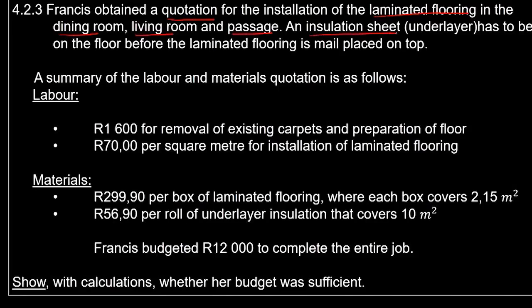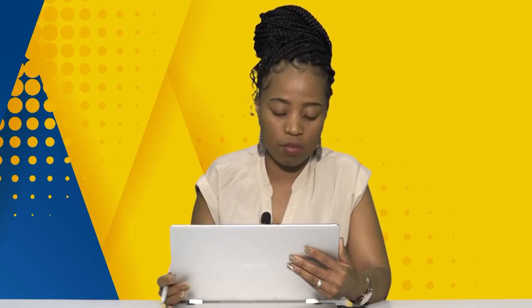An insulation sheet, the underlayer, has to be on the floor before the laminated flooring is placed on top. A summary of labor and materials quotation is as follows. This is in the context of measurement. It's not just a question. It's not going to come as an isolated question, but will be a follow-up on what you're already talking about.